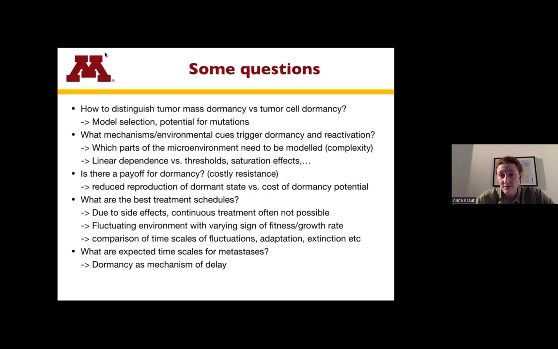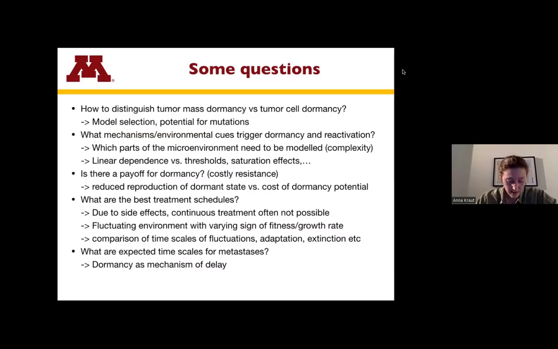And that is actually a question that I'm currently studying, not in the context of dormancy, but generally in these adaptive dynamics models with Manuel Esser, a PhD student in Bonn. So we're thinking about these fluctuating environments where we don't have a stable state of our system.